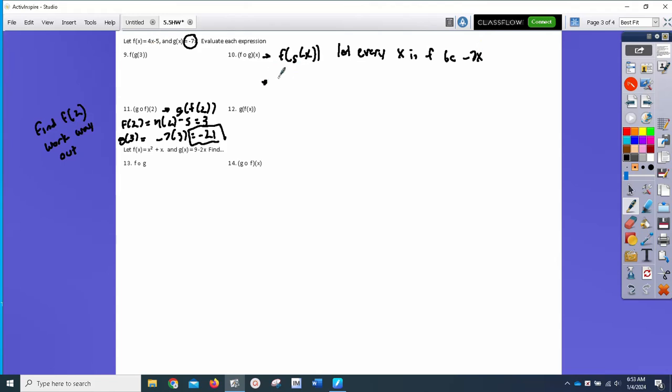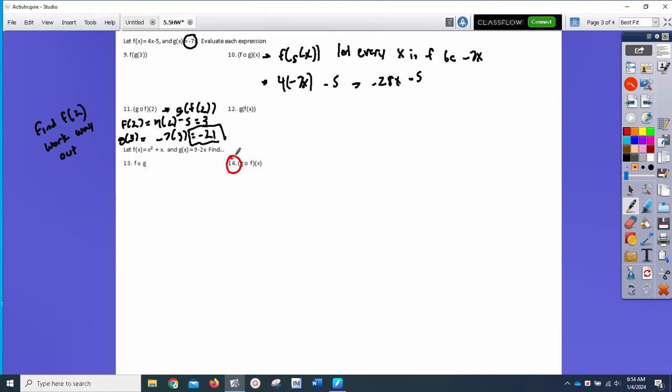So there's a 4, then there's an x, and that x becomes negative 7x. And then there's that minus 5. 4 times 7 is 28. So negative 28x, because it was positive times the negative, minus 5. That's not too bad.